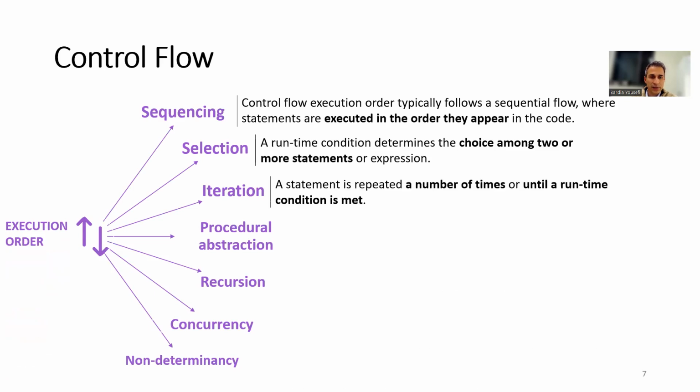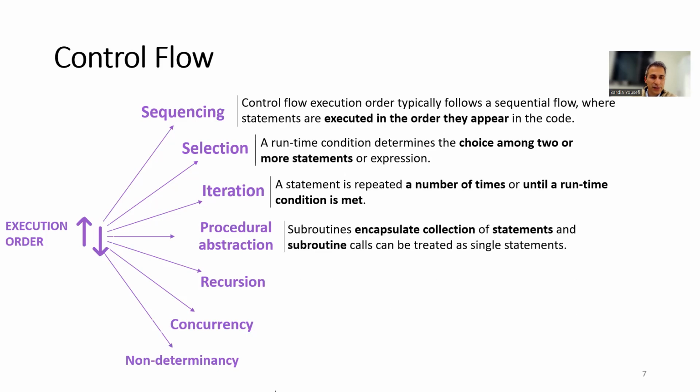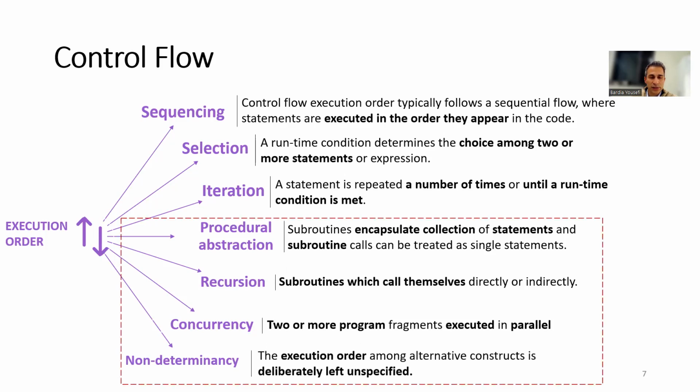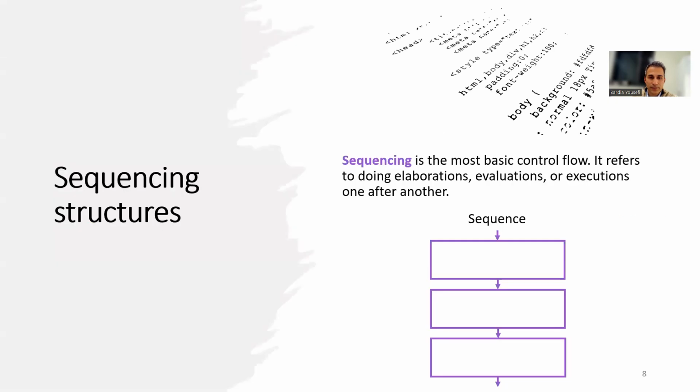Iteration is the process that we use to repeatedly execute certain statements a certain number of times, or until a specific runtime condition is met. Also, we have abstraction, recursion, concurrency, and non-determinacy, which are all going to be discussed in other chapters.